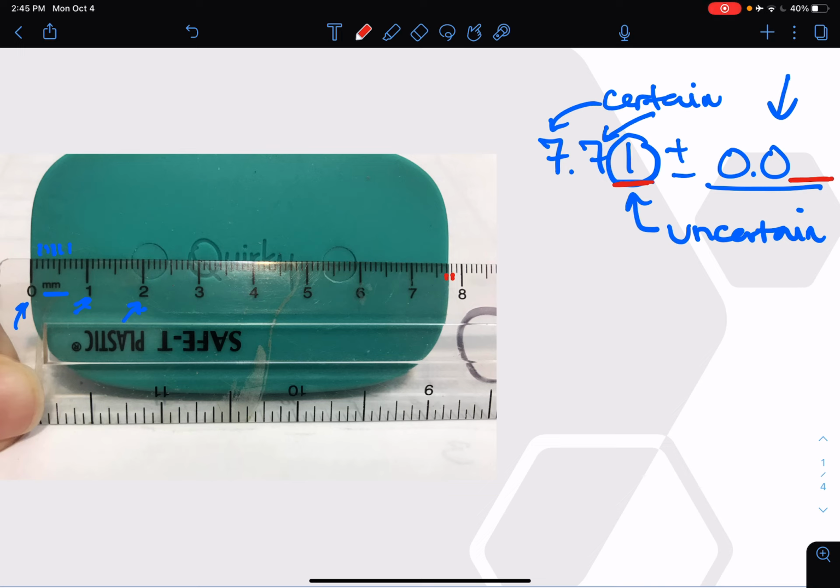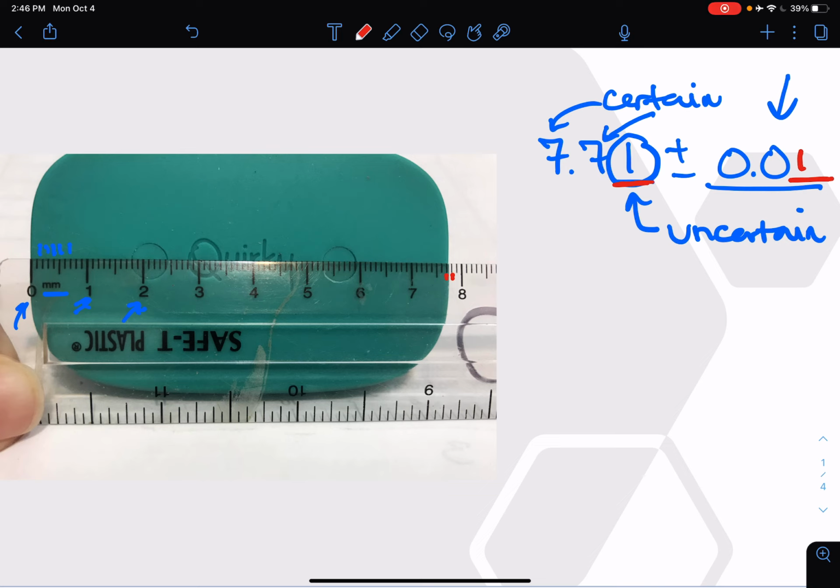Now, what we do is we say, okay, with our eyeballs, can we see where 0.01, 0.02, 0.03, 0.04 are? If you can see all that with your eyeballs, you would go ahead and put, okay, I think this measurement is 7.71 plus or minus 0.01. So you're saying, I'm really sure of this, and it could be 7.70 or it could be 7.72, but I'm pretty sure it's 7.71.